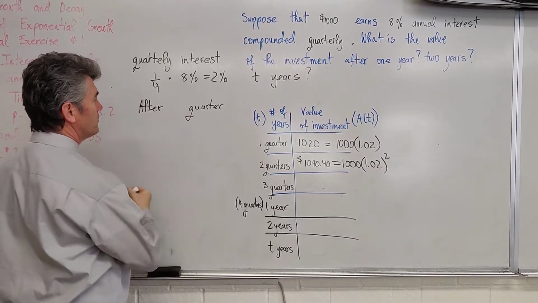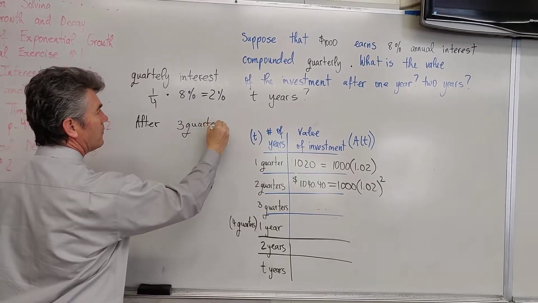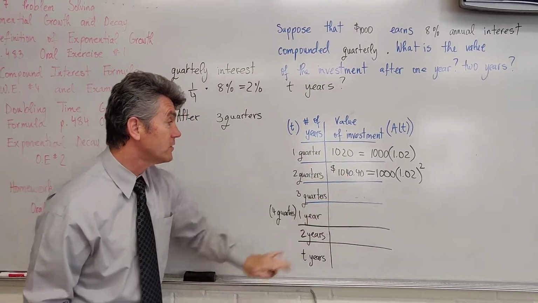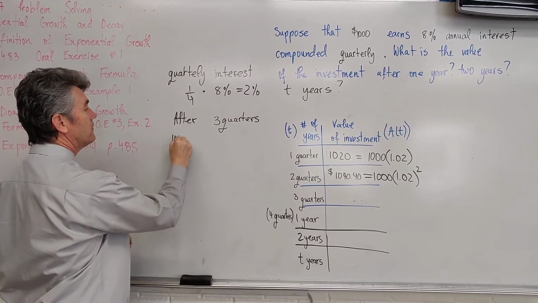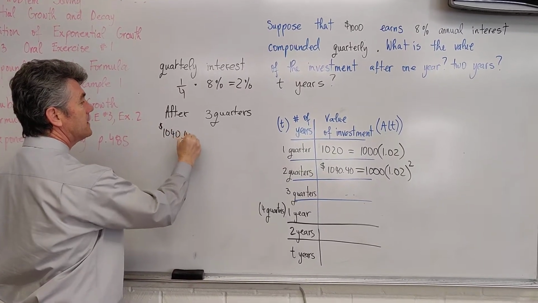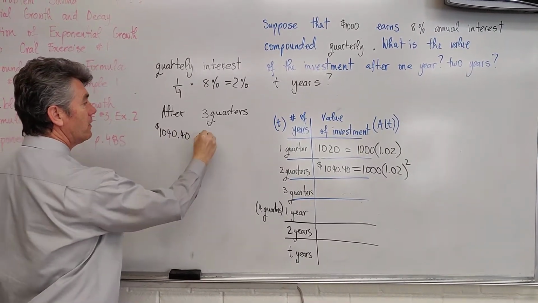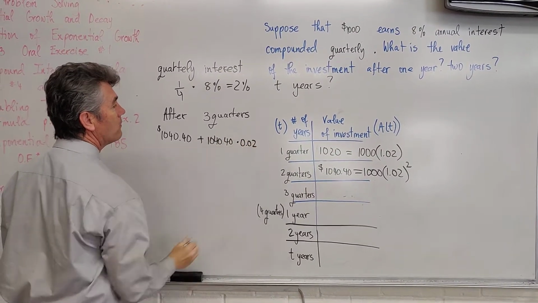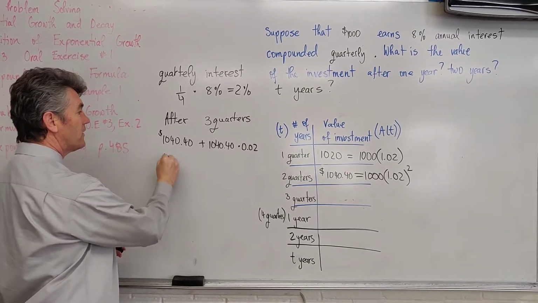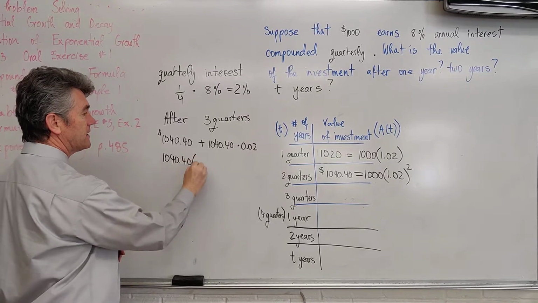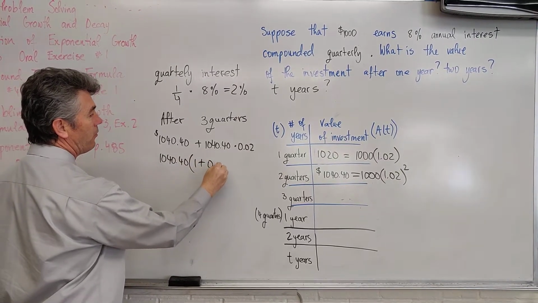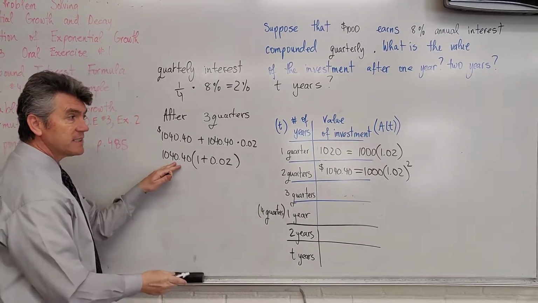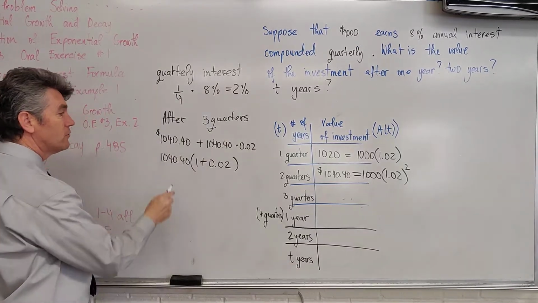So, after 3 quarters, well, after 2 quarters, we have $1,040.40. So we go $1,040.40 plus, how much do we earn? $1,040.40 times 0.02. Factor out the $1,040.40. This is 1 plus 0.02, but you already knew all that. $1,040.40 is the same as 1,000 times 1.02 squared.